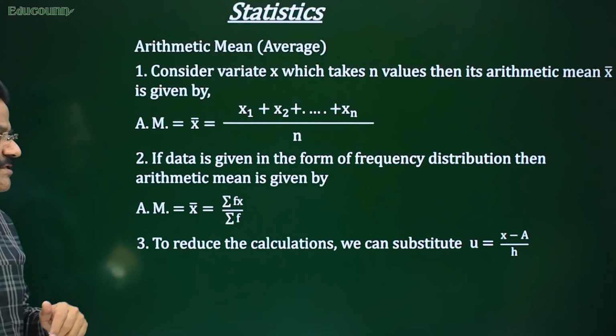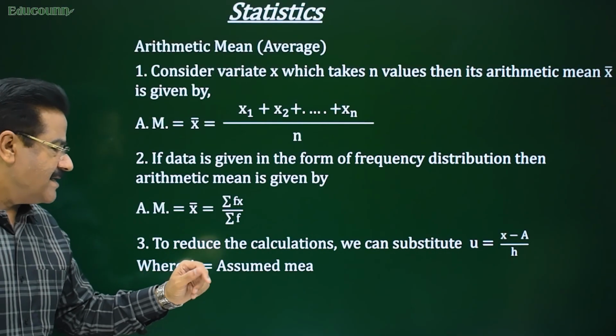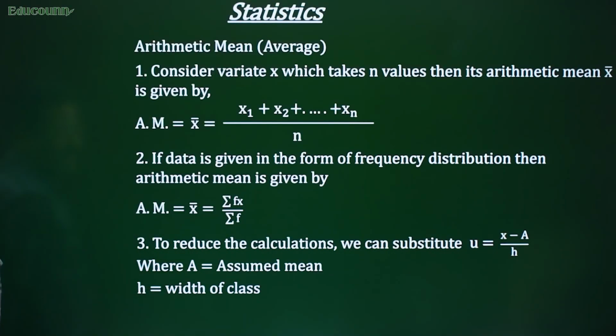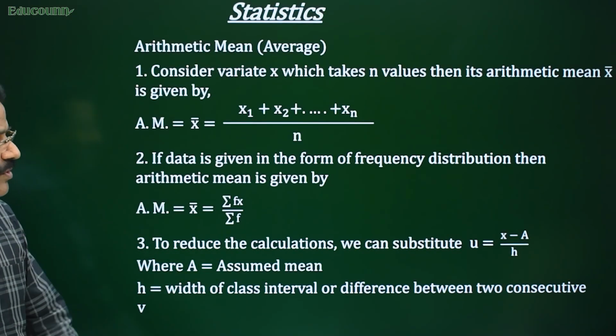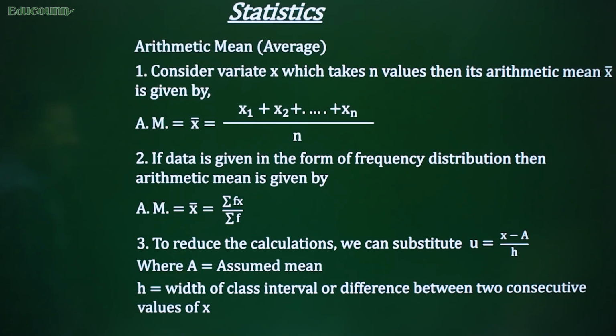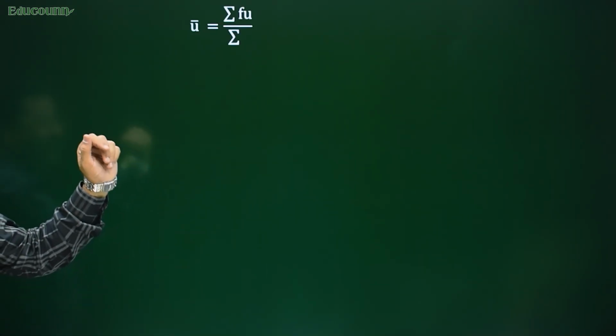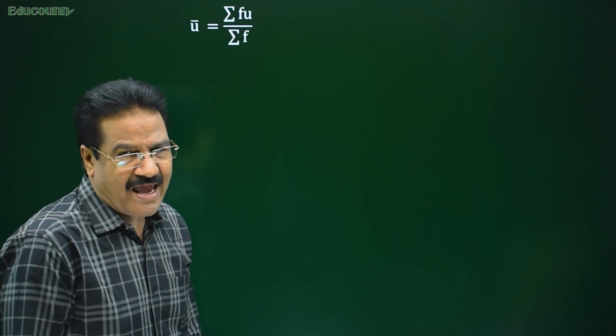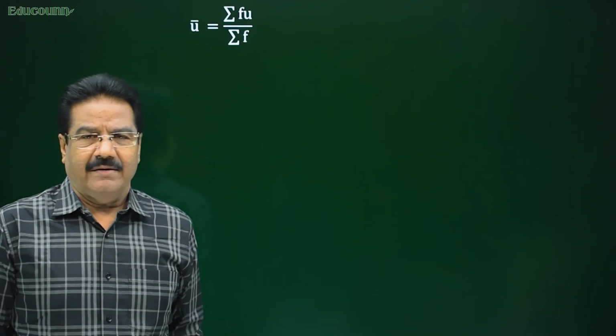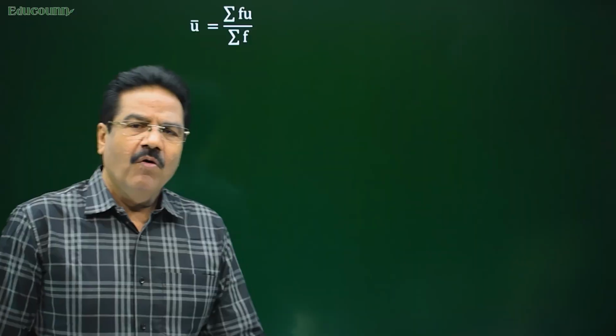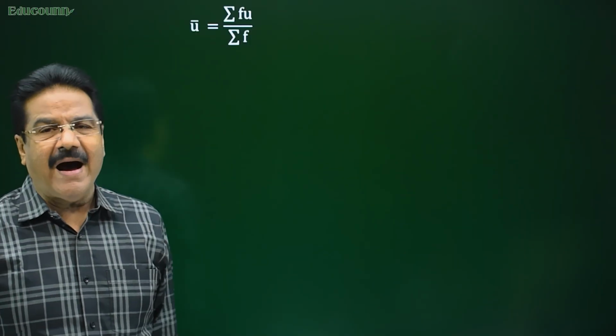Now we can see what is the formula. So a is assumed mean and h is width of class interval or difference between two consecutive values of x. Let us see formula now. U bar is equal to summation of fu upon f. So when we convert x in terms of u, we have to find out first u bar.